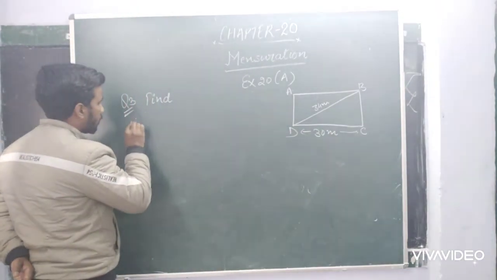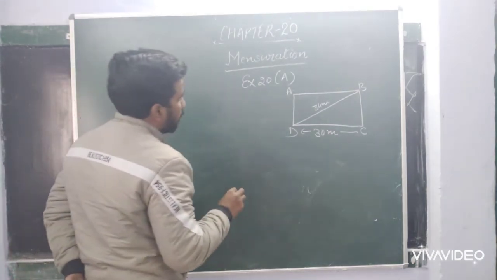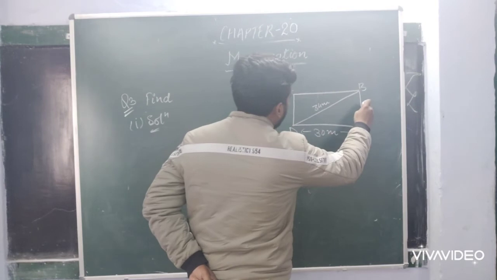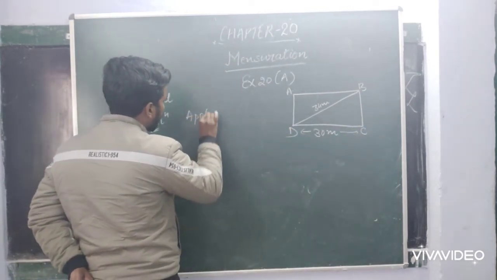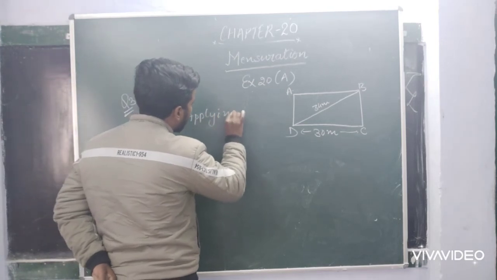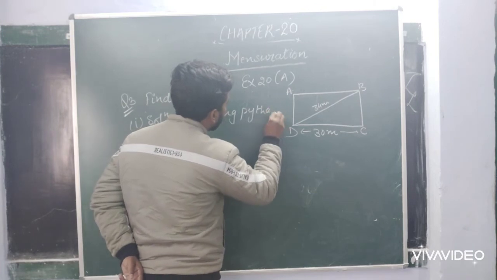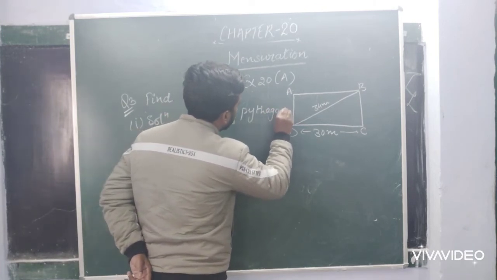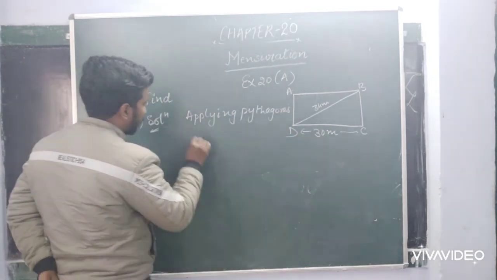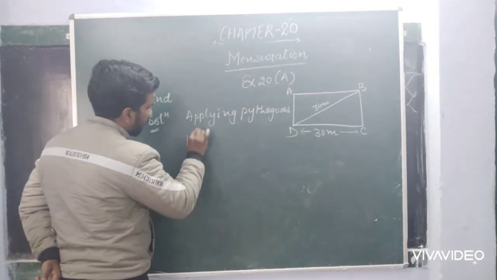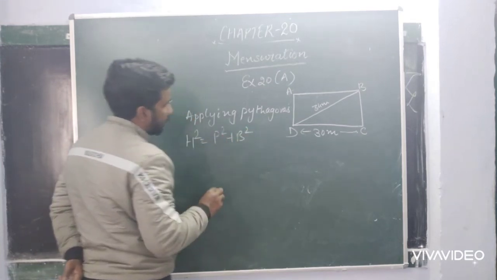First, this is not known, so applying Pythagoras: hypotenuse square equals perpendicular square plus base square, you know that.